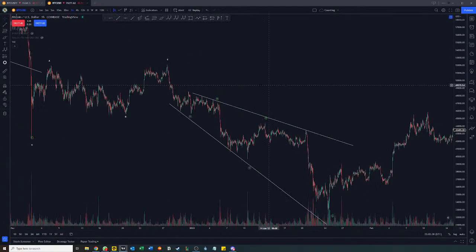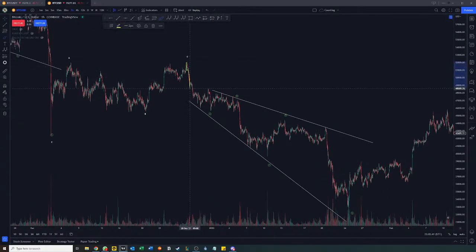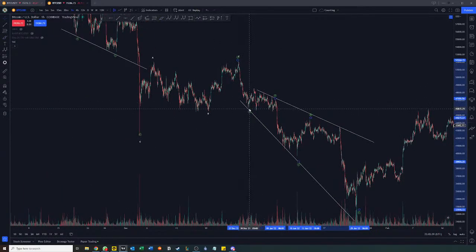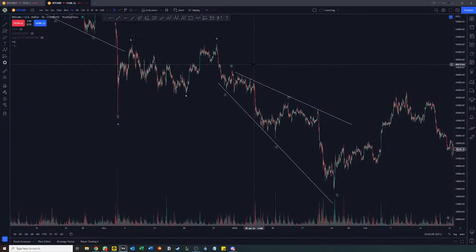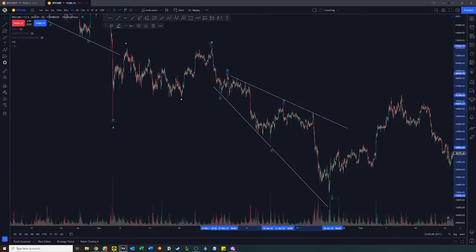I just have to look at it now. But let's count. It was a 1, 2, 3, 4, 5 with an ending diagonal. So there was probably one wave. So ABC, ABC. Okay, so this was 1, this was 2. Then now we see A, B, and then going down is a C, like a big C here.